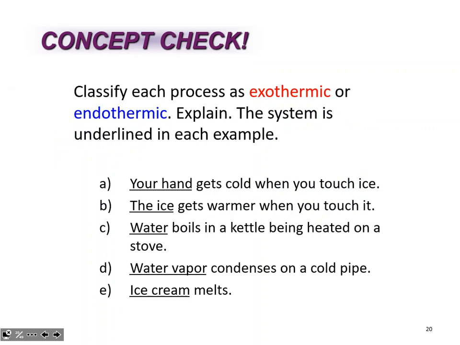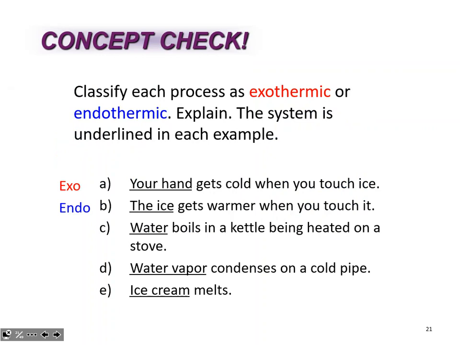So therefore, from the system perspective, now the opposite is true for the ice. The ice is getting warmer. The ice is absorbing energy, so it should be endo. Good.